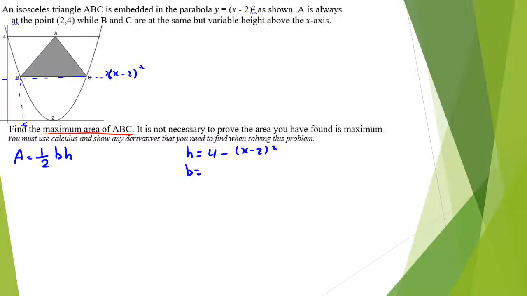Now the base of the triangle, if you see, that's 2, so half of the base of the triangle is 2 minus x. So that means the area is 2 minus x multiplied by 4 minus (x minus 2) all squared. Sorry, I've got that negative 4.